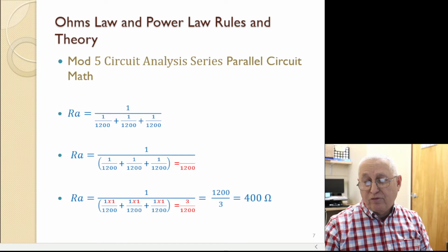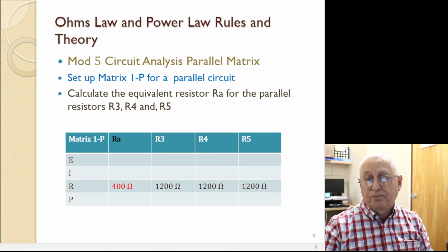And you remember from Module 4, all we have to do is flip this. We multiply by the reciprocal of 3 over 1200, which is 1200 over 3. So 1200 divided by 3 equals 400 ohms.